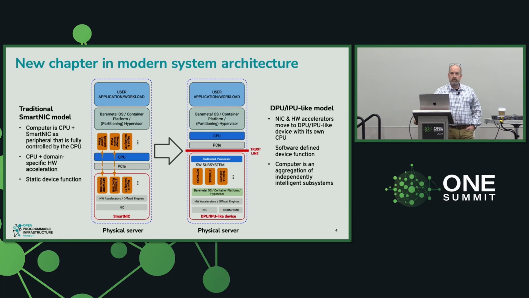So they have compute, memory, and storage on them. And what this does is move what we call the trust line, the boundary between where the infrastructure would be running in a system. It offloads that to the PCIe DPU IPU card, and that moves the trust line up above the PCIe stack.